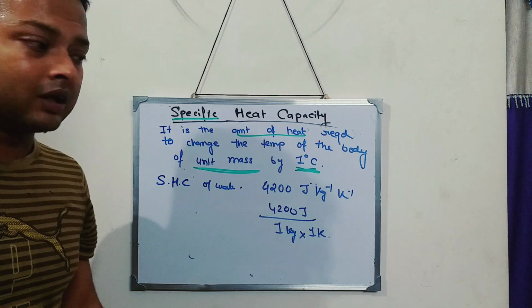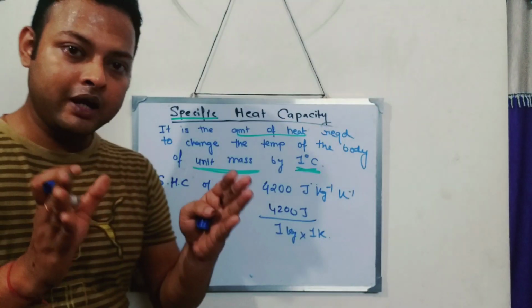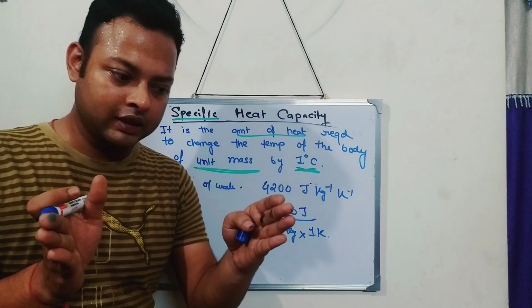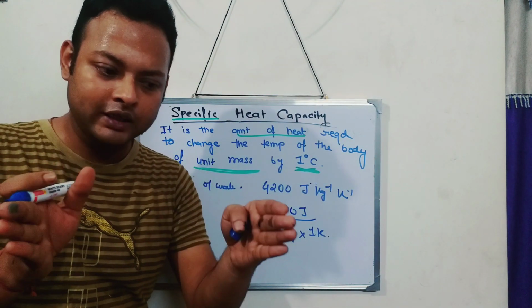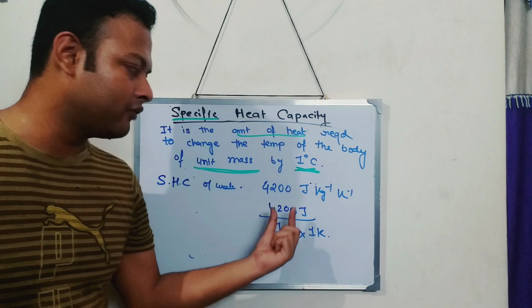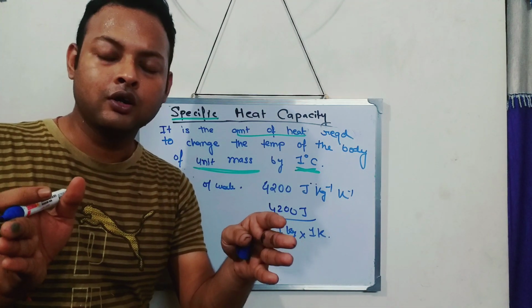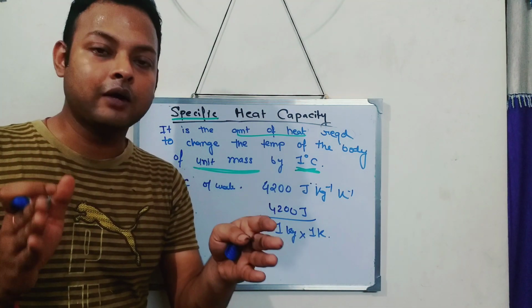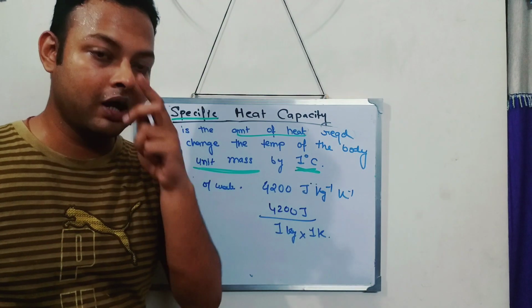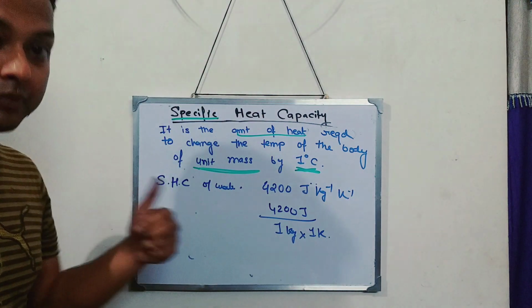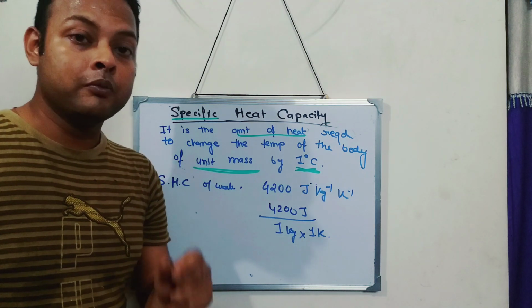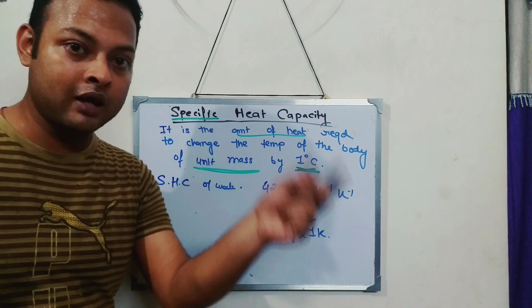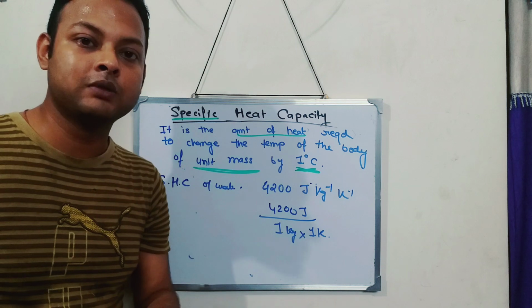It never depends on mass, because I am not increasing or decreasing my mass. Mass is 1 kg, and this 1 kg body will take 4200 joule of heat. So specific heat capacity doesn't depend on mass, whereas heat capacity, which I taught you previously, was depending on mass, because over there no mass was mentioned.